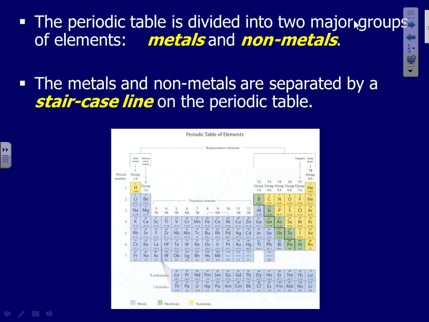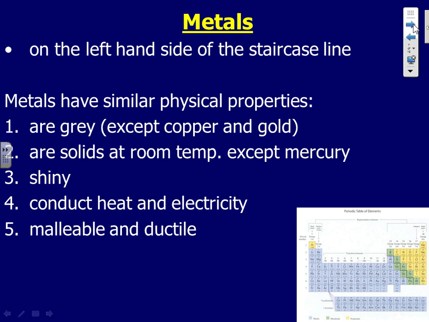It's not like chemists just sat down and decided to put that line there. The way the elements behave determines where the line is. These guys have more metal properties, and these guys don't have metal properties, so they're non-metal. And so that's how that stair-step line ended up in that position.